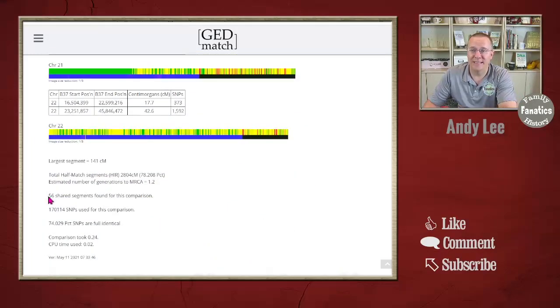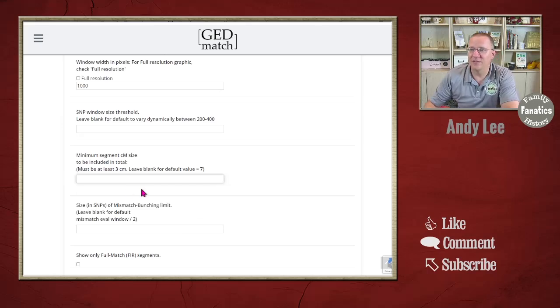And I can go down and see, hey, I'm only sharing 56 segments. Before I had 57 segments. Different times people may want to be looking at what they call a real matching segment, whether it is just based on SNPs, whether it is just based on centimorgans, or whether you're using a combination of both of them together. I'm going to put this back to the 7.